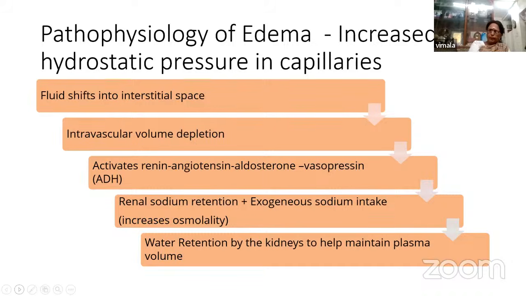When there is hypovolemia, there are compensatory mechanisms that come into play, which will activate the renin-angiotensin mechanism. Renin is secreted by the juxtaglomerular cells of the kidney, angiotensin by the pulmonary endothelial cell. Aldosterone, you all know, is by the zona glomerulosa of the adrenal cortex.